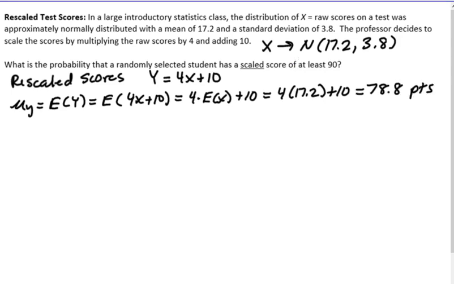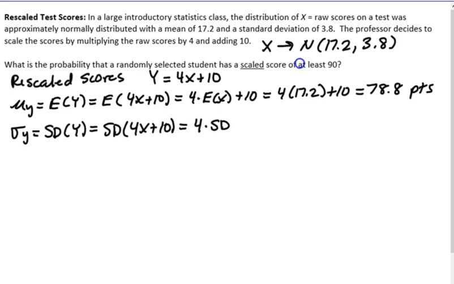So that's the mean. The standard deviation, or sigma of y, is only affected by multiplication. The standard deviation of 4x plus 10 is just 4 times the standard deviation of x, because the 10 has no effect on it.